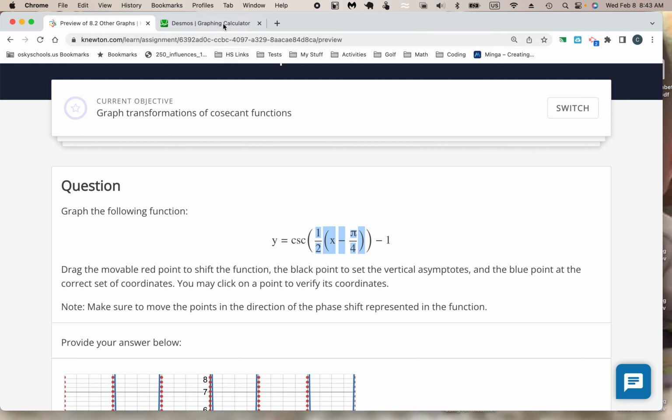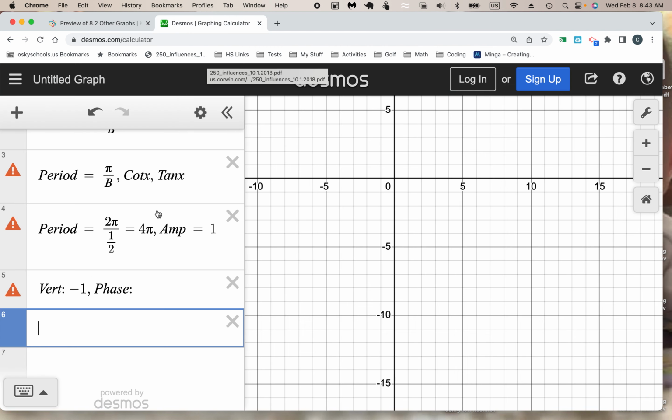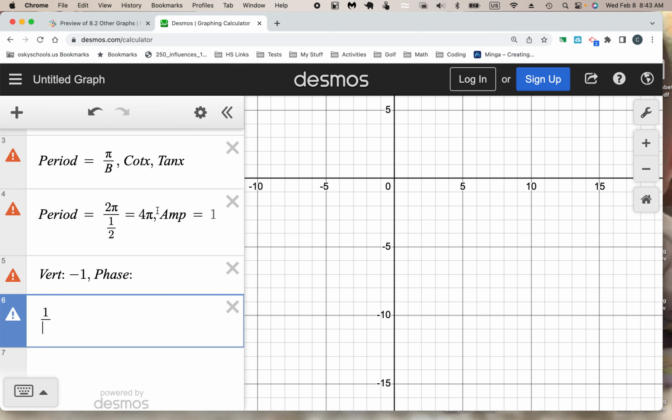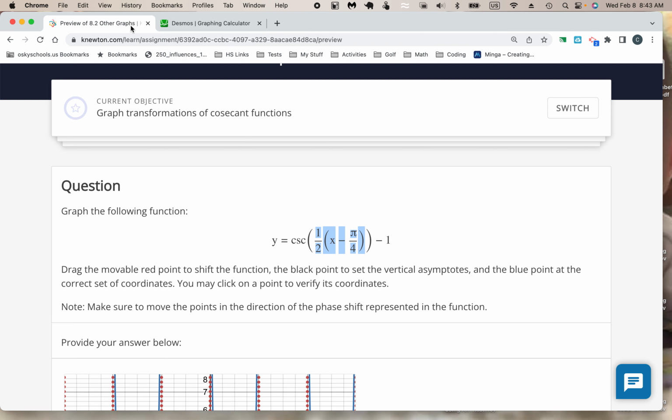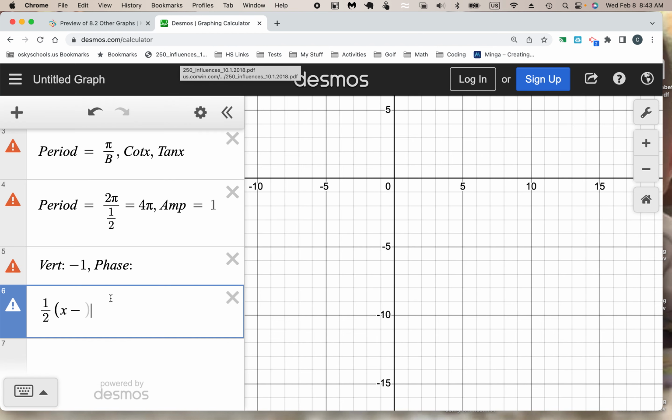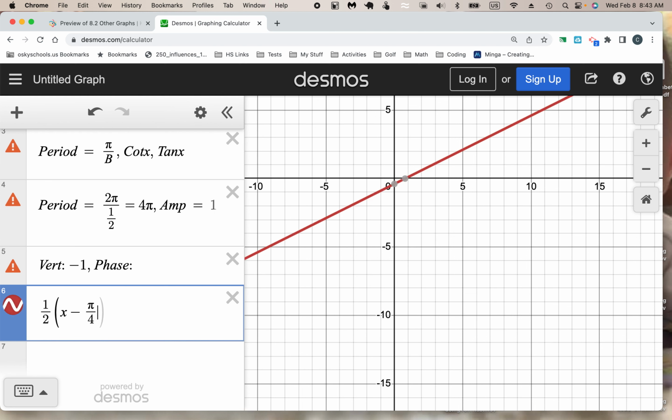So I have 1/2 parenthesis x minus pi/4 equal to 0.